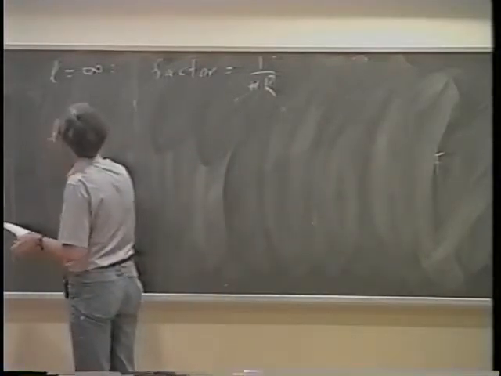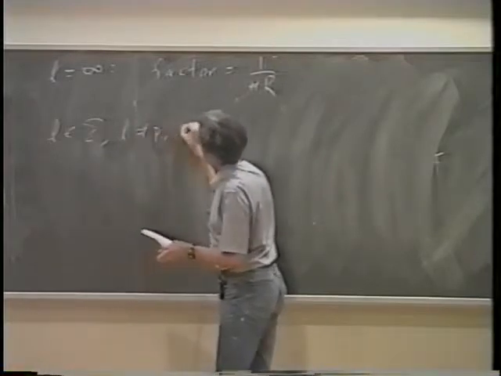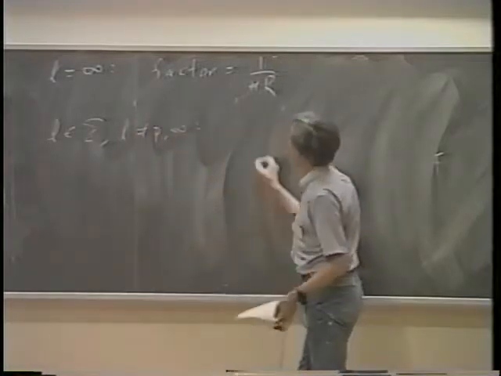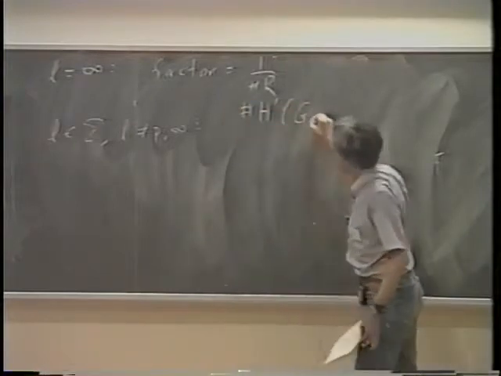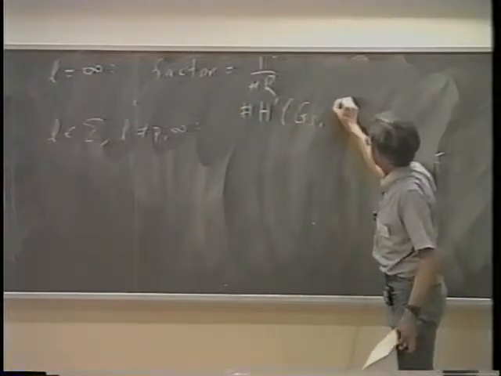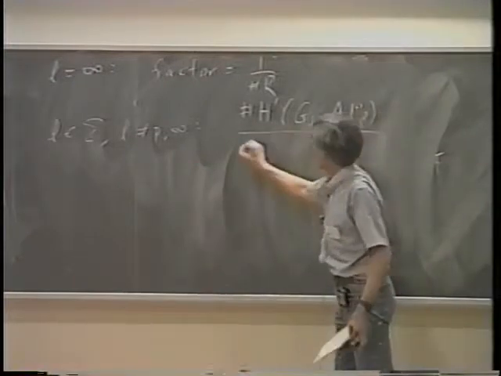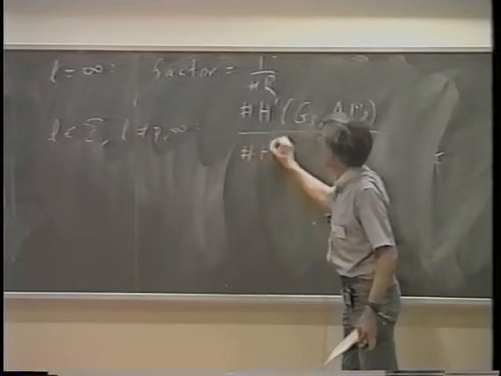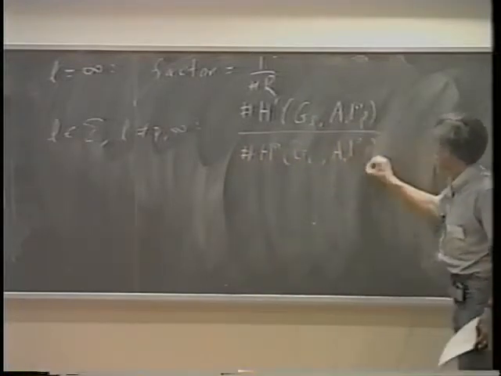For L in sigma and L not equal to P or infinity, well, we're getting the order of H1, G_L, ad naught of rho, over the order of H naught, G_L, ad naught of rho.